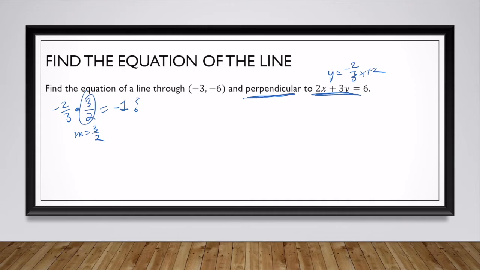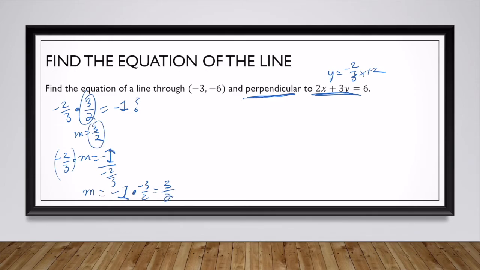I could also, if I had wanted to, solve for my unknown slope by dividing both sides by a negative 2/3, and remembering that when I divide fractions, I keep the first fraction the same, change from division to multiplication, and flip the second fraction. Or you can just kind of look for the negative reciprocal.